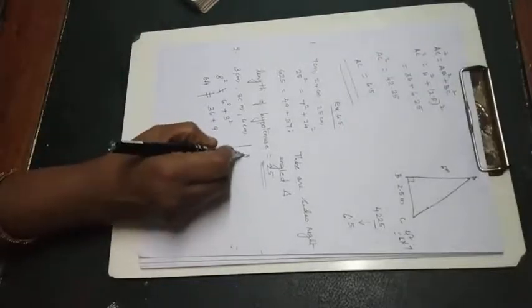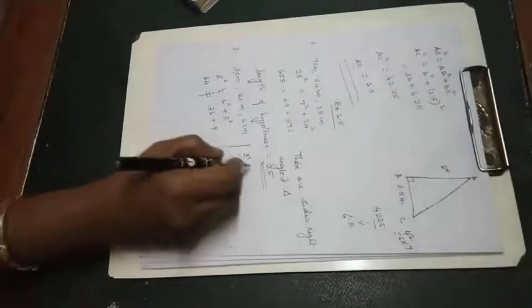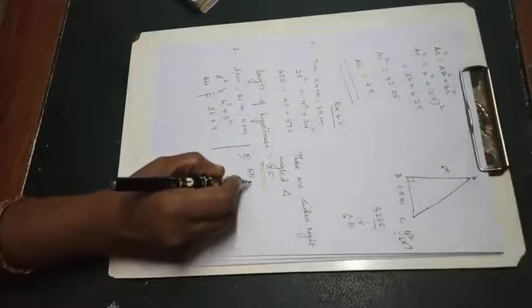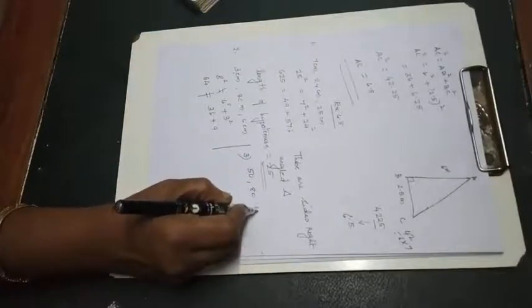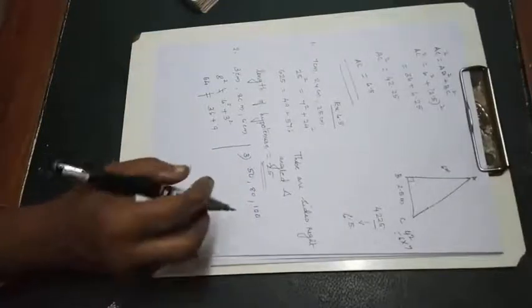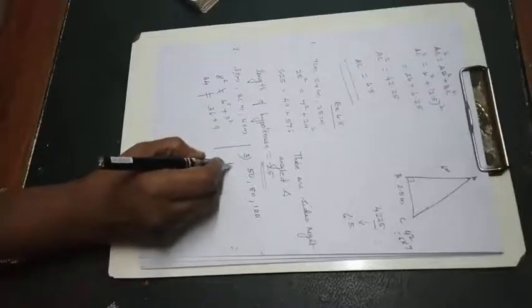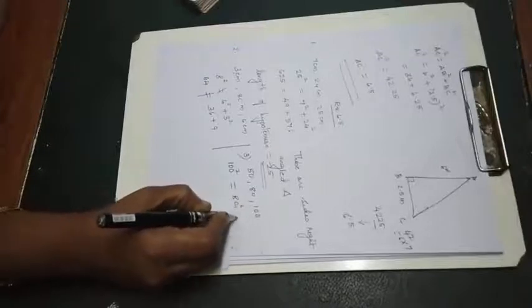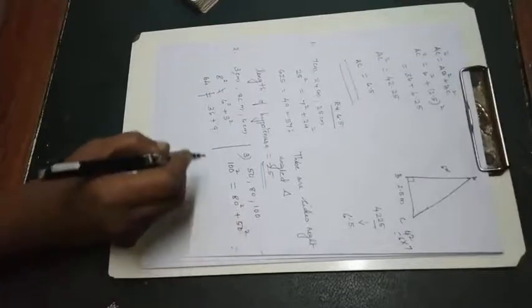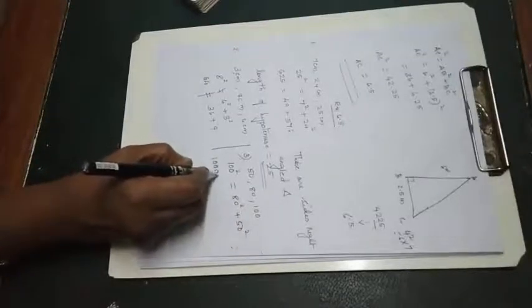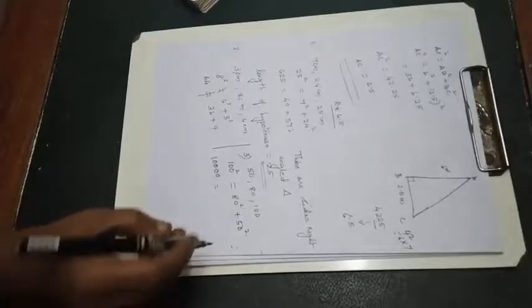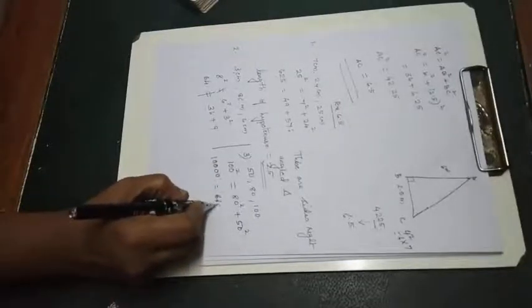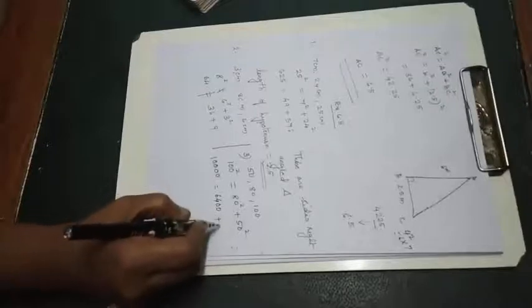Now third one, 50, 80 and 100. So 100 is the largest side. So 100 square, whether it is equal to 80 square plus 50 square. 100 square, we know that, 80 square, then 50 square.